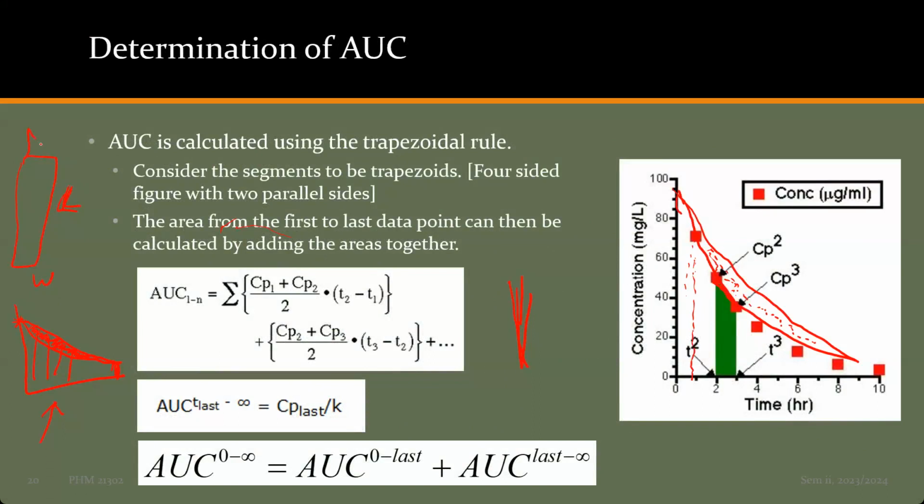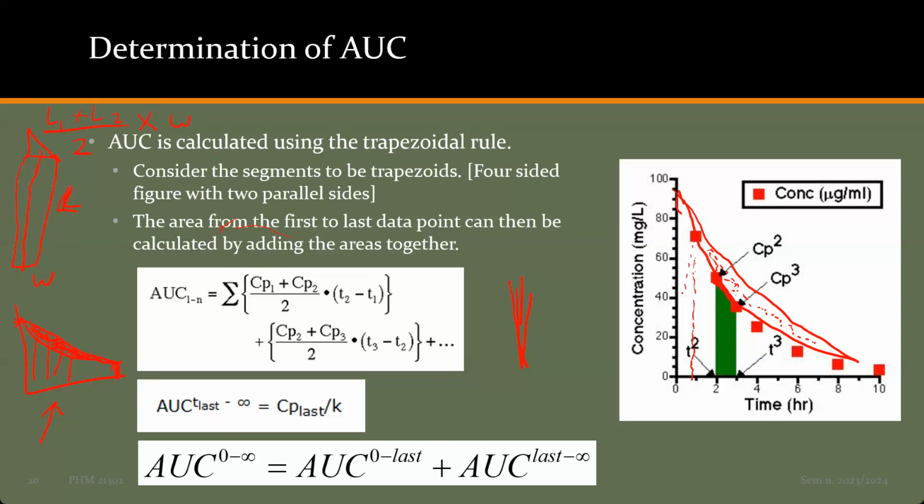We have L1 and L2. One is bigger than the other. So actually, I multiply the average. So the average is L1 plus L2 divided by 2. You multiply by the width.